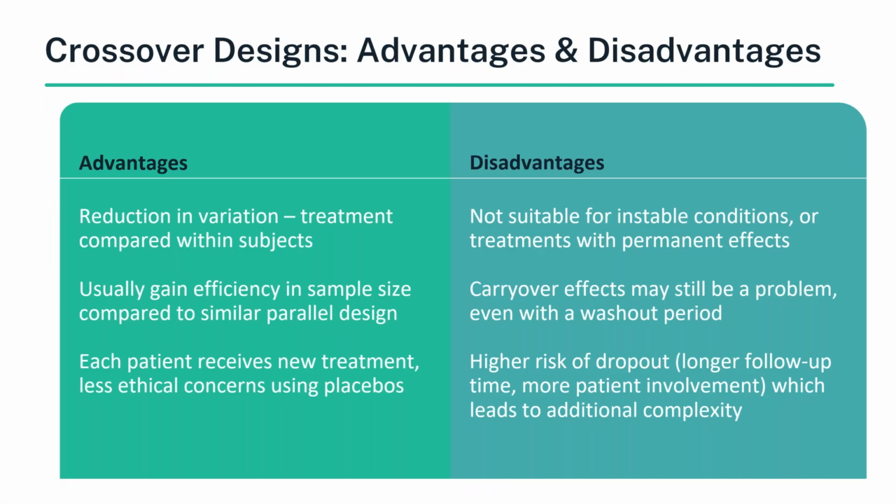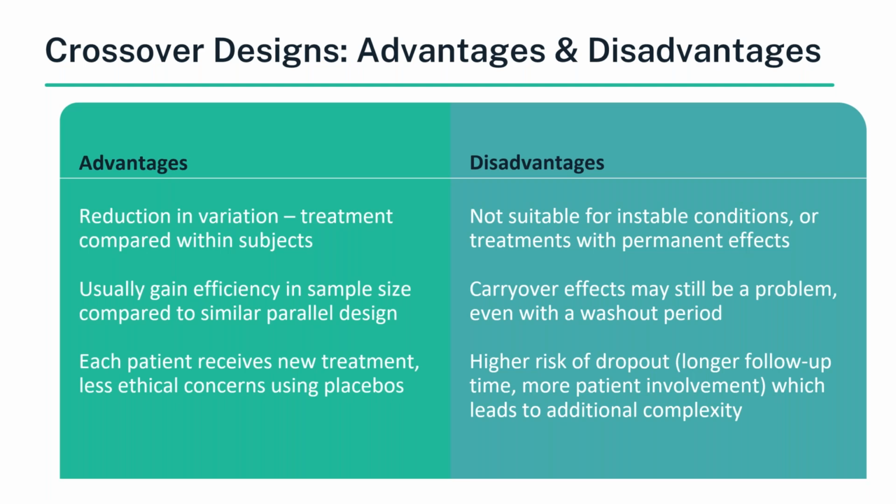If we jump onto the next slide here, we can look at the advantages and disadvantages of crossover designs. We just covered there the reduction in variance, and this is one of the key points that make crossover design so appealing for bioequivalence studies.